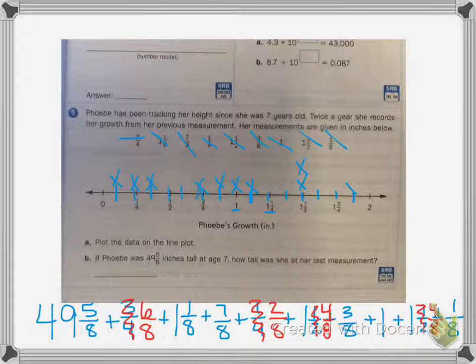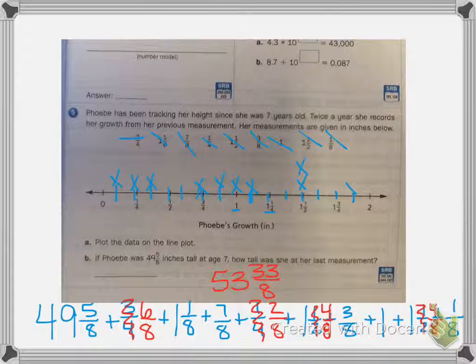So I start with my whole numbers. I have 49 plus 1 is 50, plus 1 is 51, plus 1 is 52, plus 1 is 53. So we'll start there. Then I need to add all my fractions together. I know they're going to be in eighths. 5 plus 6 is 11, plus 1 is 12, plus 7 is 19, plus 2 is 21, plus 4 is 25, plus 3 is 28, plus 4 is 32, plus 1 is 33.